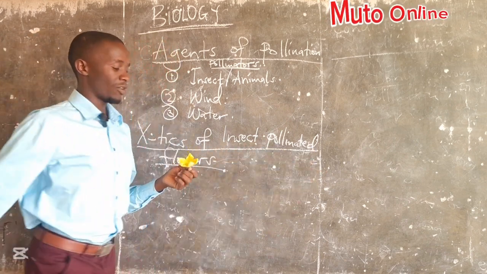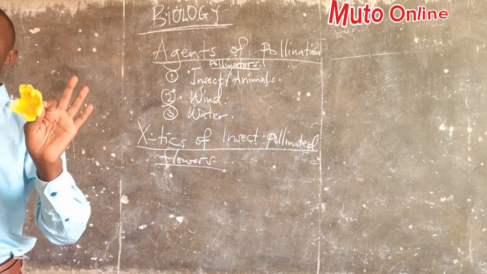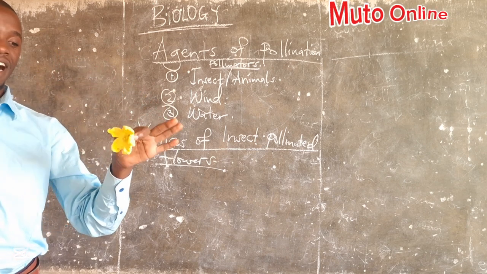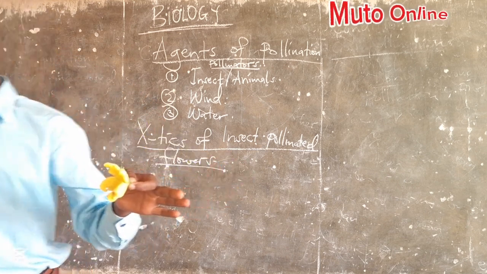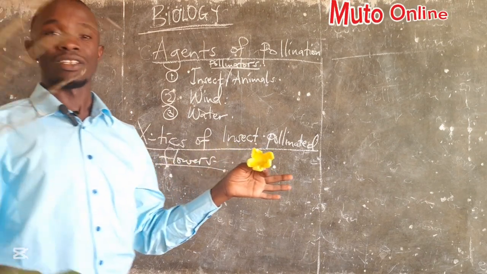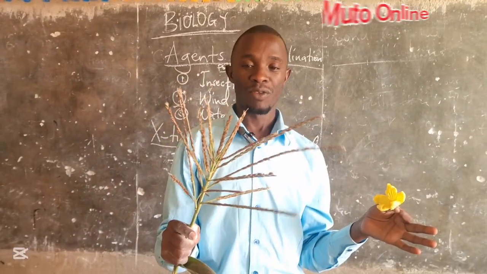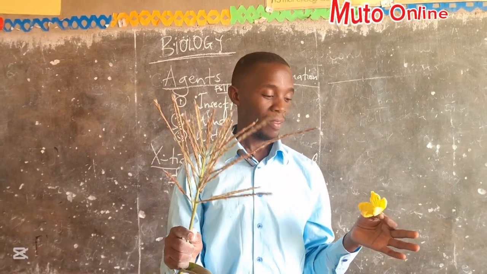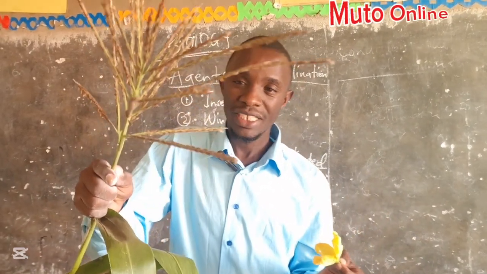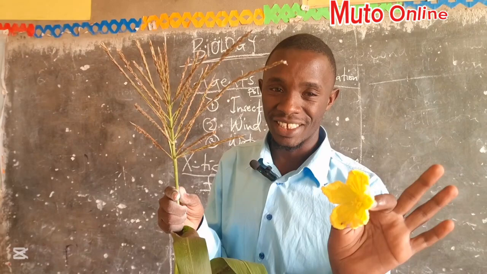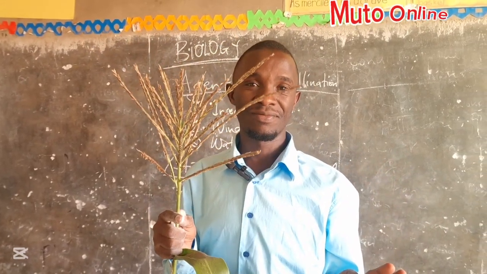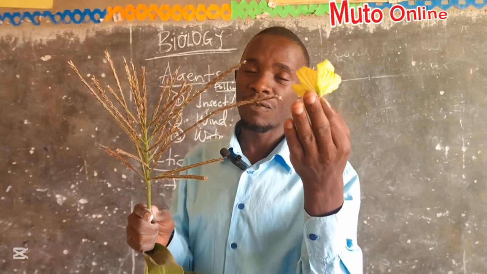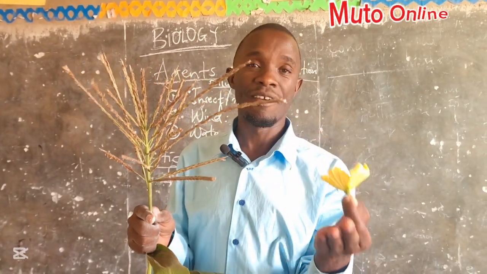There is evidence that this is insect pollinated because we've even seen the insects on it, which is not the case on this one, the male flower. We cannot see them here. Why is this one not insect pollinated, yet this one is insect pollinated? We can even just look at the flowers themselves and get the evidence.